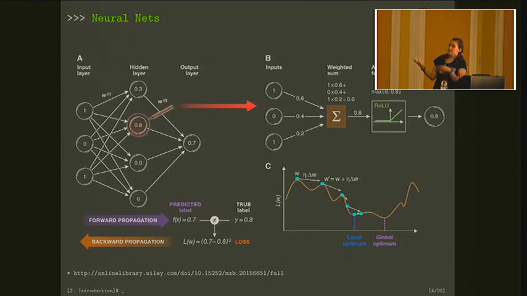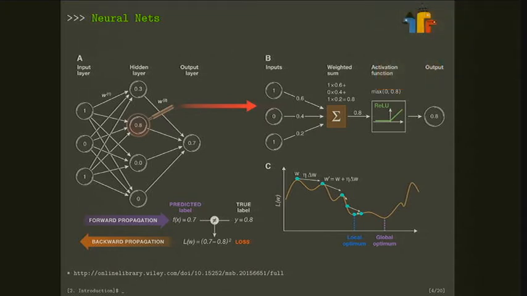When you get to the output layer, you can measure the error. You have labeled data, so you can see an error between the actual value and the predicted value. That error function is named an objective function, and we can see a graphical example in the C part, showing all the possible values of that function.